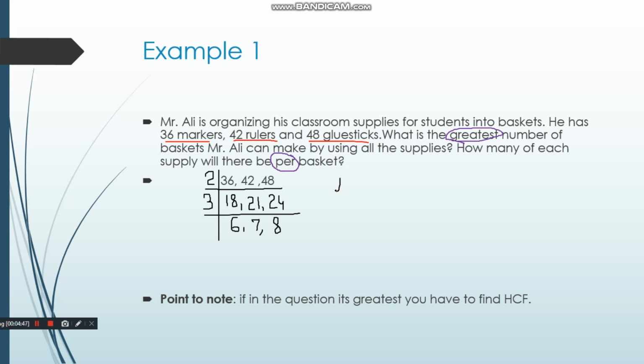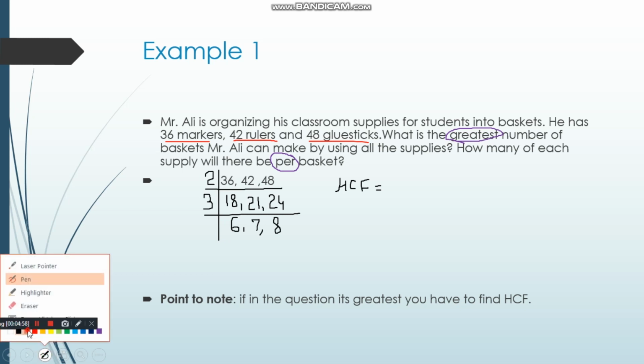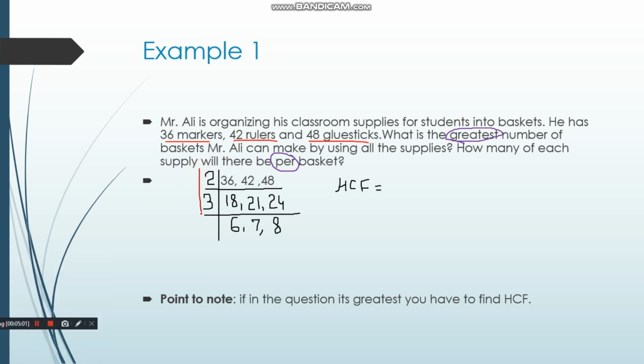You are going to write here, greatest number of baskets equals, you will multiply these prime factors 2 and 3. When you multiply 2 times 3, you will get 6. So how many baskets? 6 baskets. So Mr. Ali can make 6 baskets. This is the first part of the question.